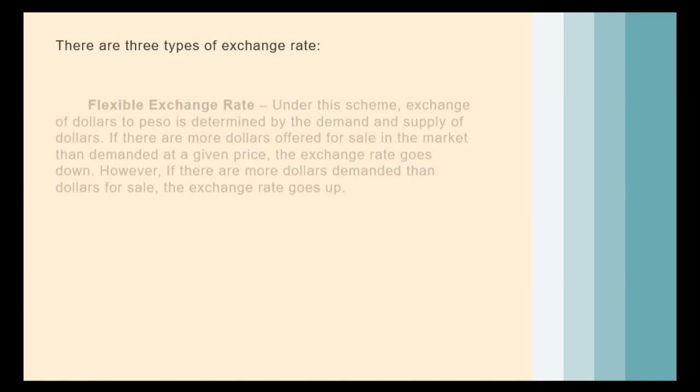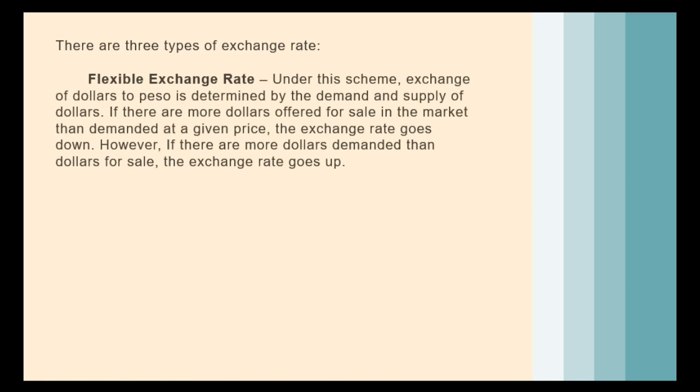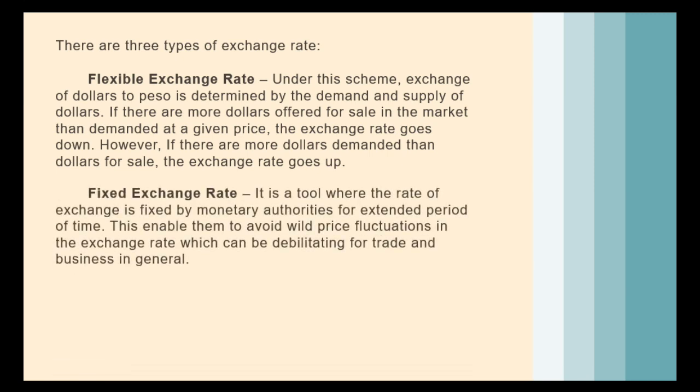We have flexible exchange rate, under which the exchange of dollars to peso is determined by the demand and supply of dollars. So if there are more dollars offered for sale in the market than demanded at a given price, the exchange rate goes down. However, if there are more dollars demanded than dollars for sale, the exchange rate goes up. Second, we have fixed exchange rate, and it is a tool where the rate of exchange is fixed by monetary authorities for an extended period of time.